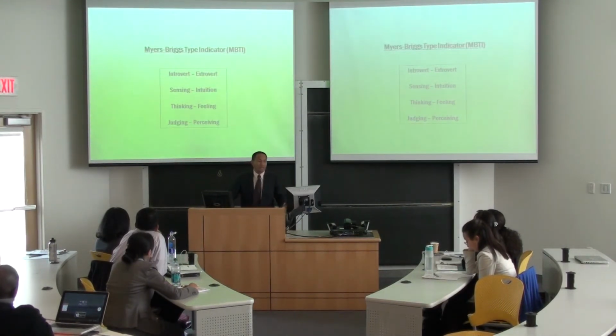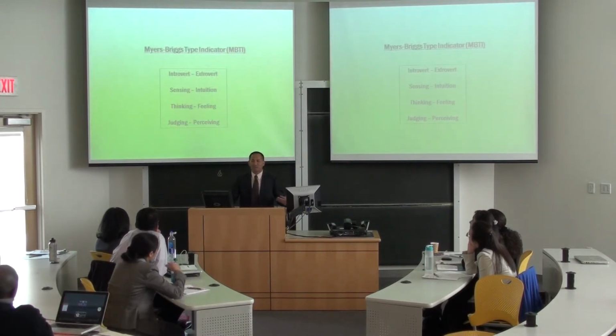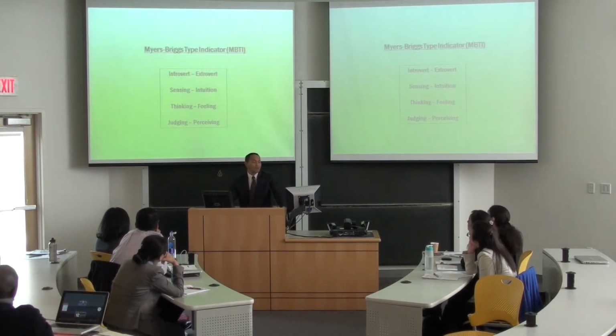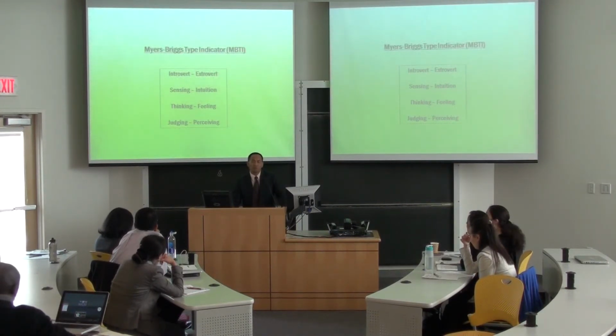The Myers-Briggs Type Indicator, or MBTI, was created by a mother and daughter, Myers and Briggs, building on work by some psychologists who came up with the type indicator. These are the four pairs of personality preferences that people generally fall into. A particular individual seems to be on one side or the other.